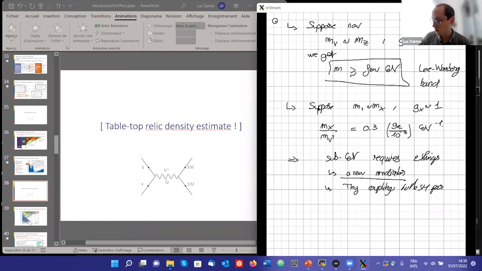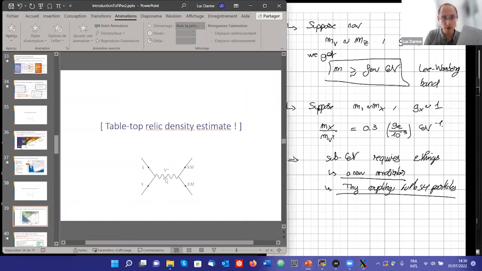Now, this last requirement is extremely important, right? Because if you remember from the first lecture, if the particle is very light, then it's very easy to see, and so you need to hide it. What is absolutely remarkable is that having a particle below the GeV requires, in order to get the relic density, a coupling of the order of 10 to the minus 3.